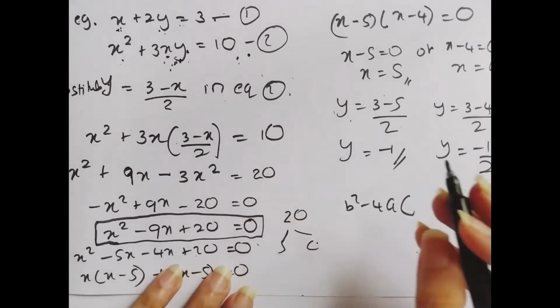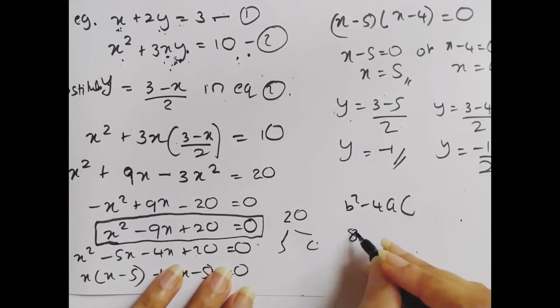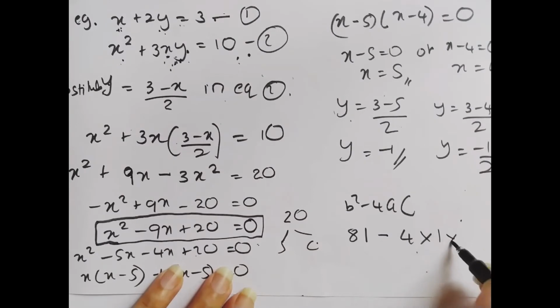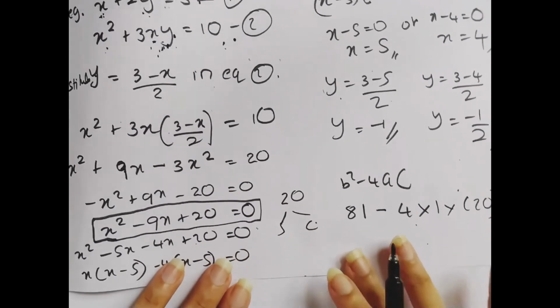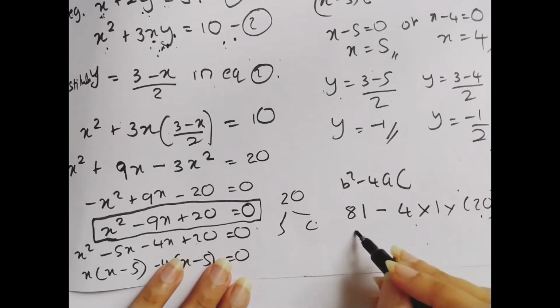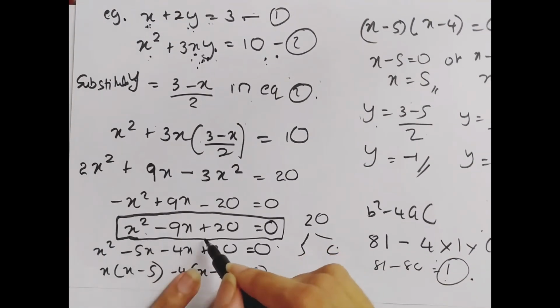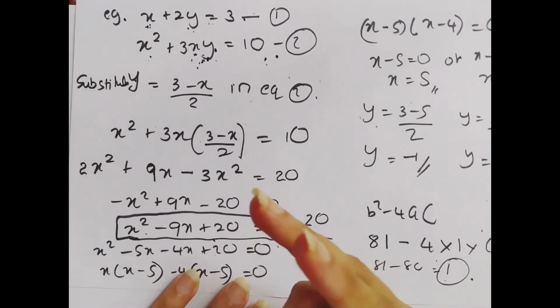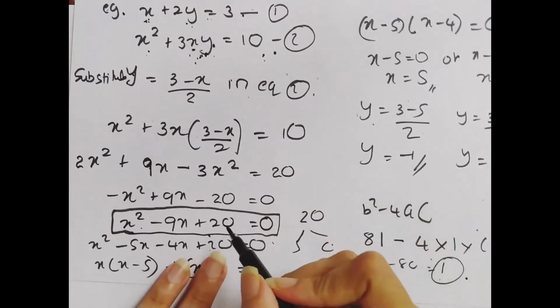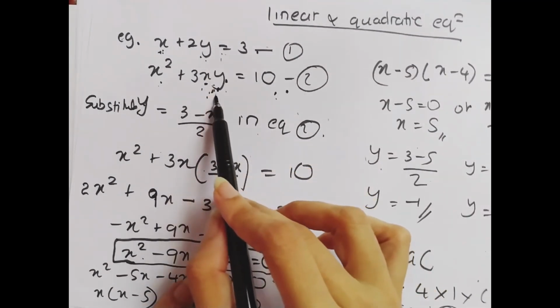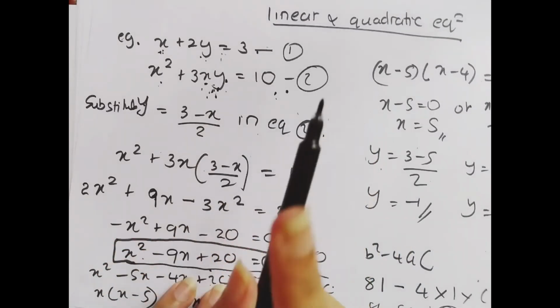So b² here is 9², which is 81, minus 4 times a is 1, c is 20. So 4 into 20 is 80. 81 minus 80 is 1. So this is greater than 0. That means x will have two distinct real roots, so when you solve this, you will have two x values.